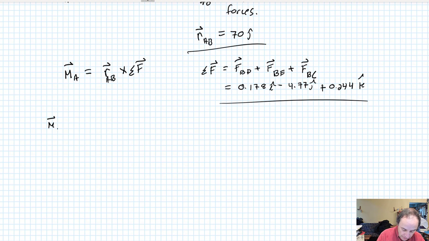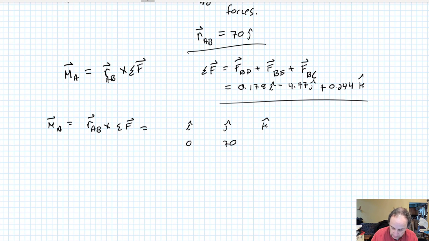So the moment about A, RAB cross the sum of the forces is, let's set this up, i, j, k. So this is 0, 70, 0, then 0.178 minus 4.77, 0.244. Looks like a negative sign there.